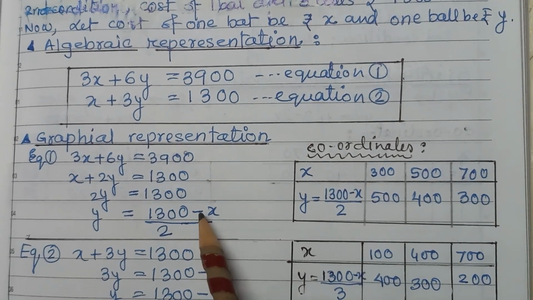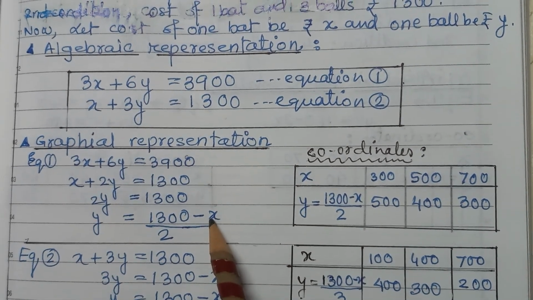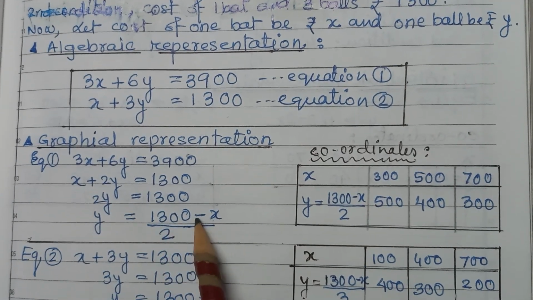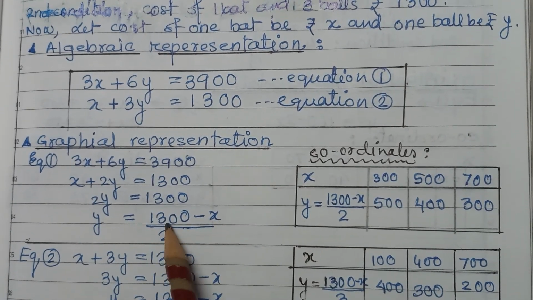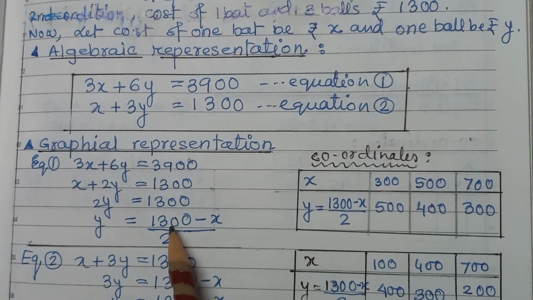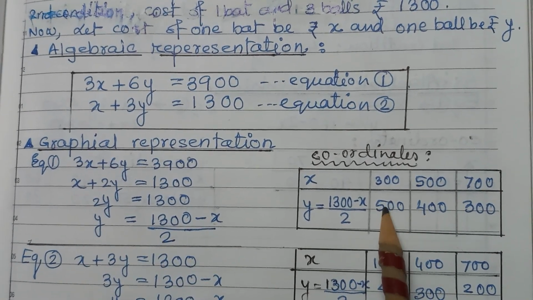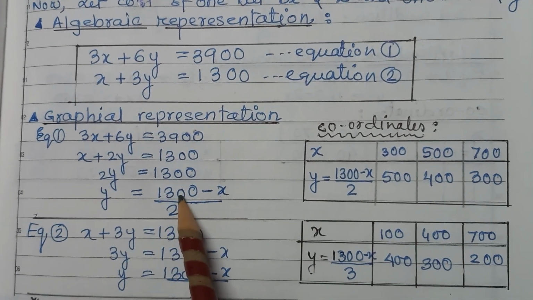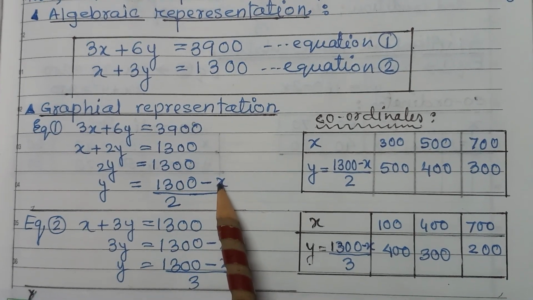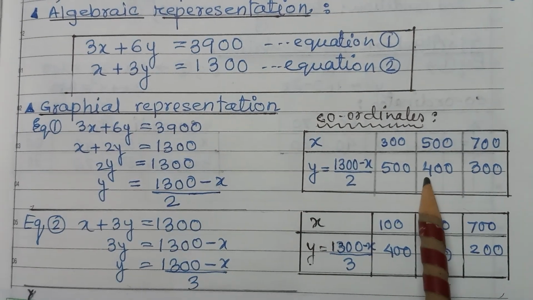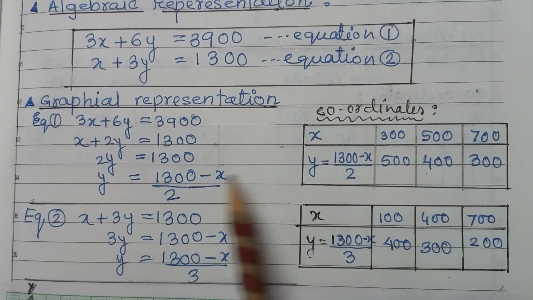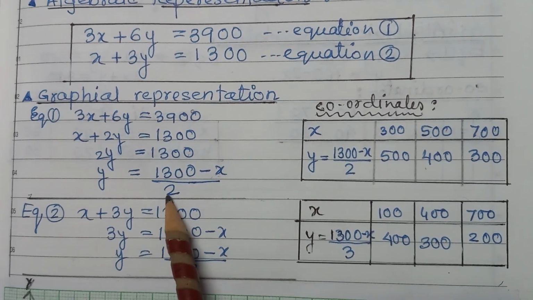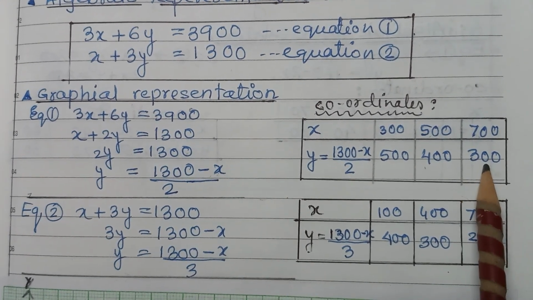I have taken x equal to 100 and 300. So 1300 minus 300 is 1000, 1000 upon 2 is 500. Next I have taken 500: 1300 minus 500 is 800, upon 2 is 400. Next I have taken 700: 1300 minus 700 is 600, upon 2 is 300.